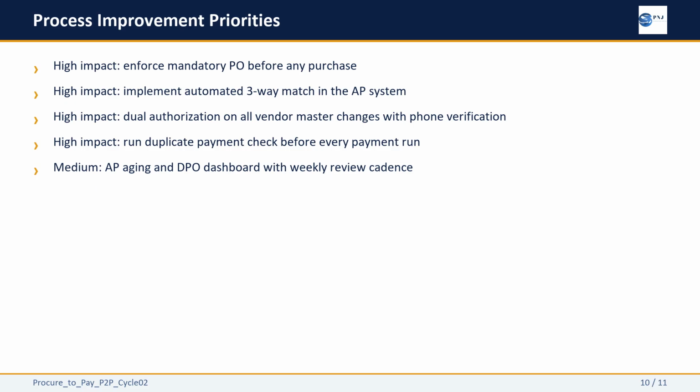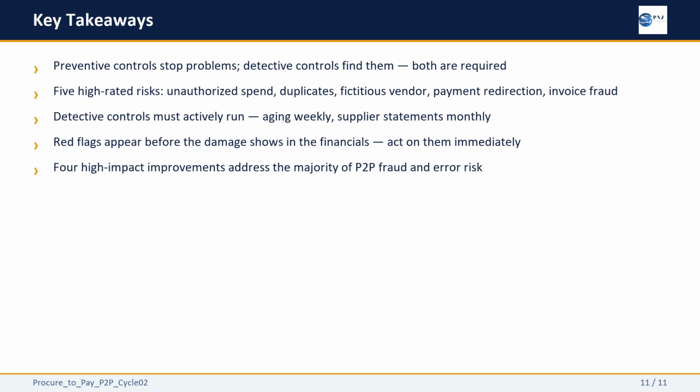And a pre-run duplicate check before every payment run catches the most recoverable financial error in AP. In a small business with limited resources, these 4 improvements alone eliminate the majority of fraud and duplicate payment risk. Everything else is incremental.